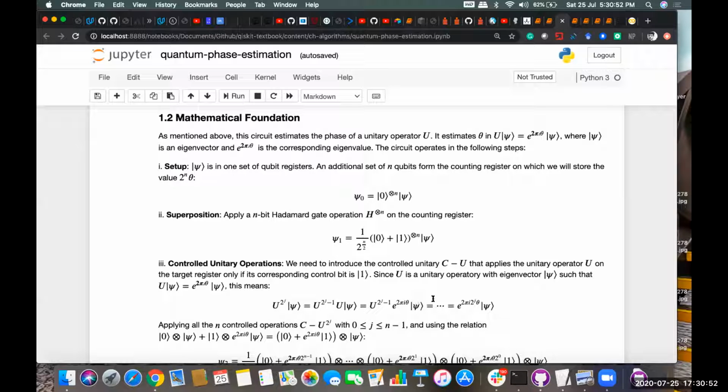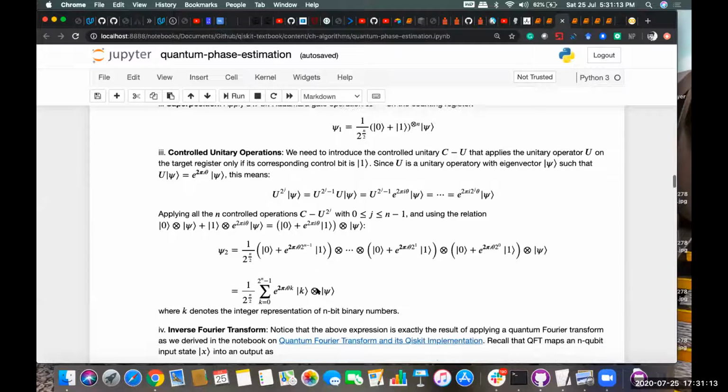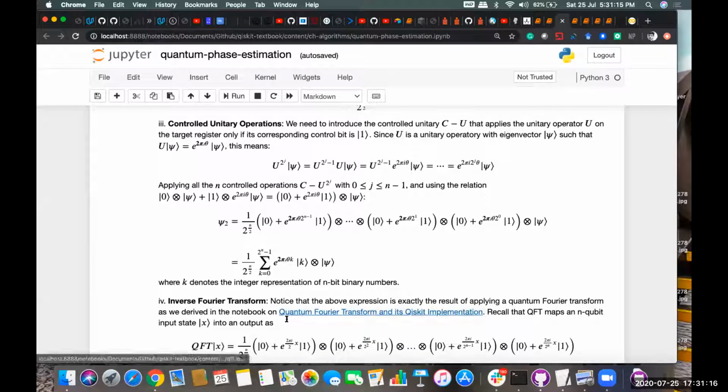As we did in the case of the quantum Fourier transformation, the same way we will do this as well. I'm not digging deep into these equations again. These are again tensor products with some phase estimation which get applied for the 0 ket plus 1 ket. Again, there will be a unitary matrix which will be calculated.